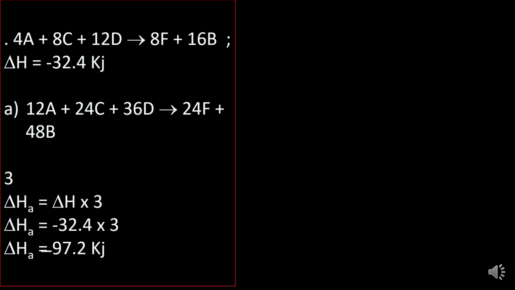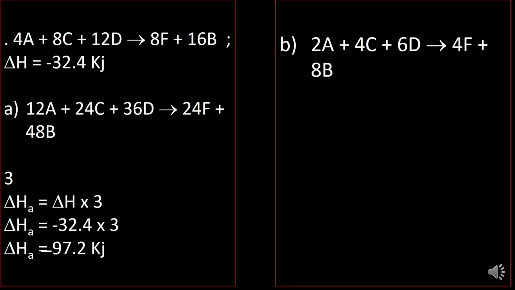Now let's look at the next question, which is question B. Question B is 2A plus 4C plus 6D, then the product is 4F plus 8B. Let's try to equate this to the general expression, the expression in which we are given the change in enthalpy.